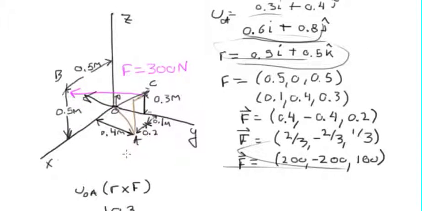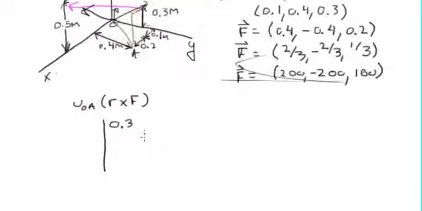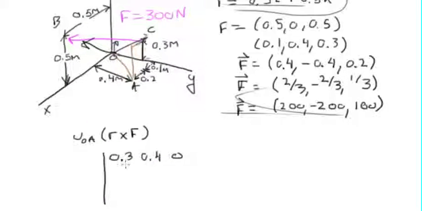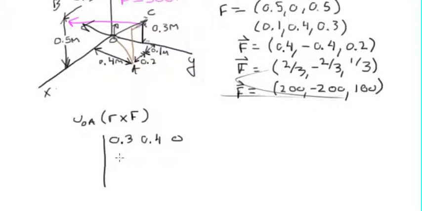Then start with a hinge, point towards the force vector, and this is 0.5, 0, 0.5. And then finally, the force vector itself, 200, minus 200, and 100. And you take the determinant of that.